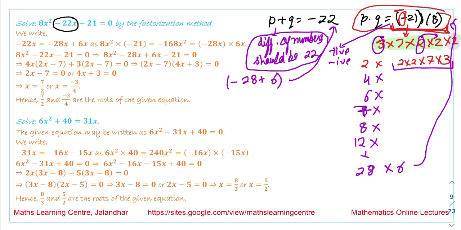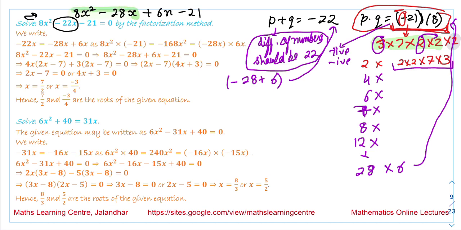So the two numbers we have are minus 28 and 6. So we can write this equation in the form 8x square minus 28x plus 6x minus 21.